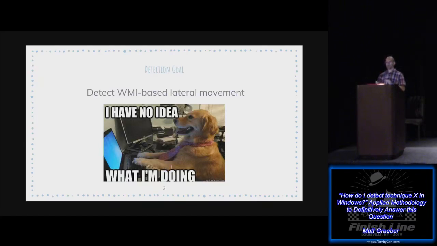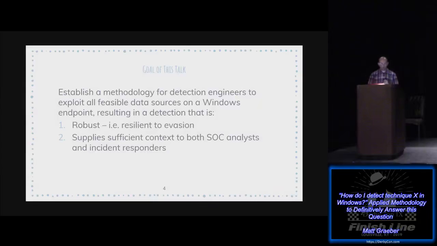I would suggest that we prioritize things a little bit first. But first, the goal of this talk is to establish a methodology. This talk is really geared towards detection engineers to exploit all feasible data sources on a Windows endpoint, resulting in a detection that is ideally robust.